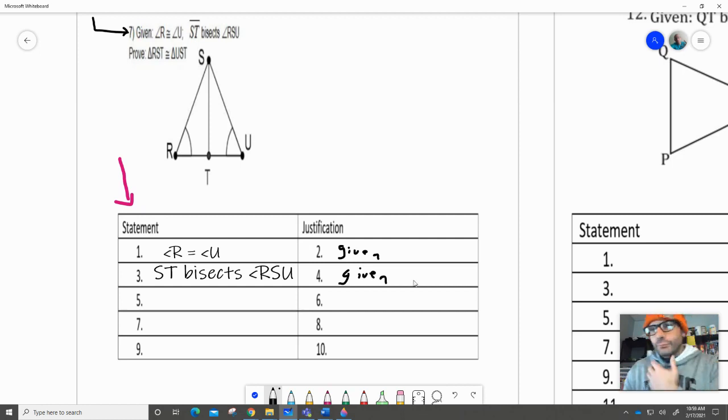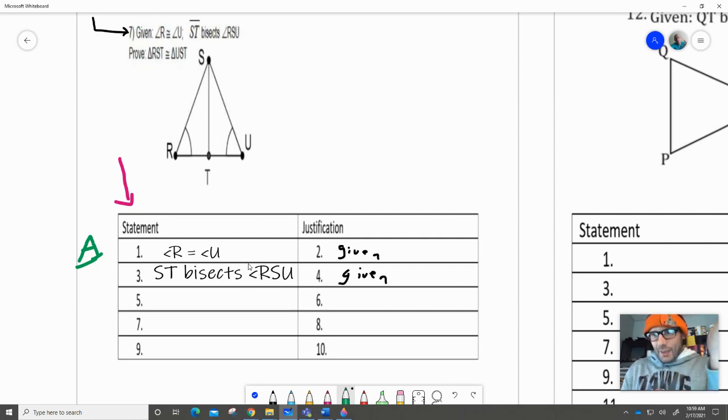Okay. Now next, based on the information that we're given, we can come up with some more information. Angle R being congruent to angle U gives us one pair of angles. So we have one pair of angles set to go. We should have another pair of angles set to go since we know that ST, which is this line segment right here, bisects angle RSU.